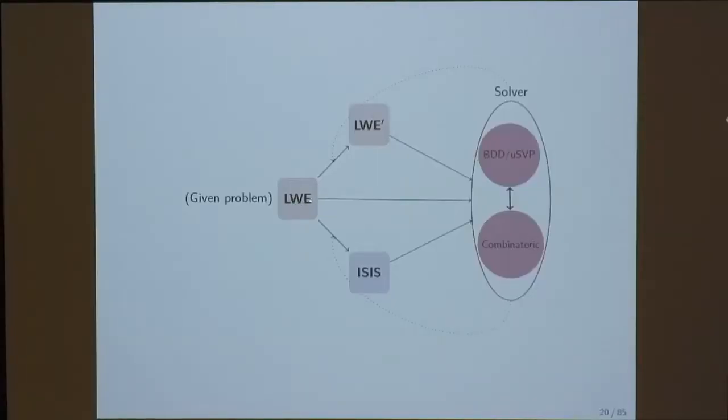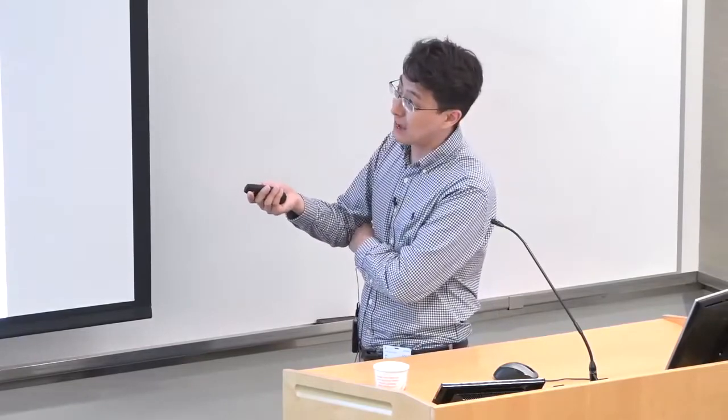On the other hand, this LWE problem can first be converted into another LWE problem or another ISIS problem or CIS problem, which I described in the very first part of the talk. And then after that, we use the oracle to solve this problem. So we're doing some kind of detour in this attack.